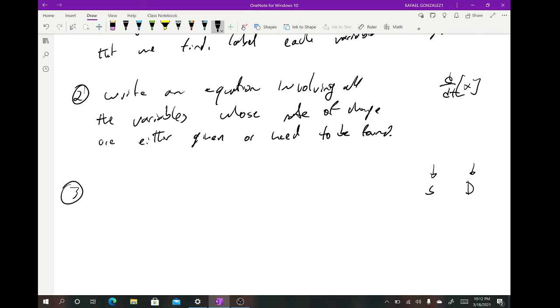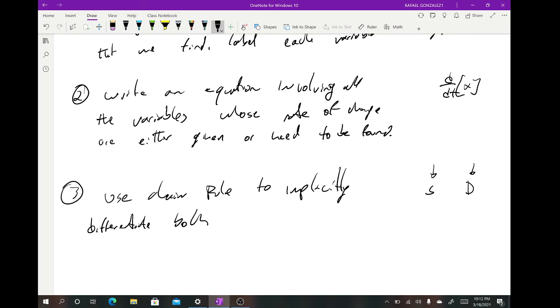The third step, probably the easiest step to be honest with you, because by now we have plenty of experience doing this, is to use the chain rule to implicitly differentiate both sides of your equation. This is probably the easiest step so far.